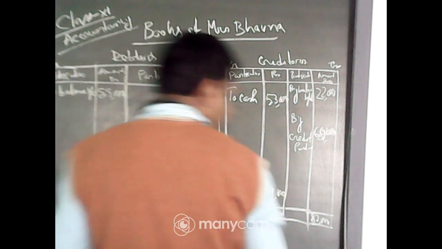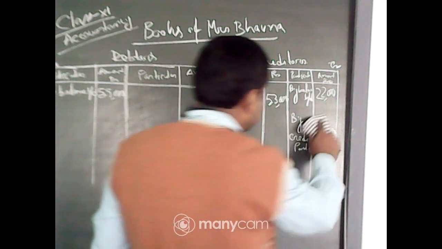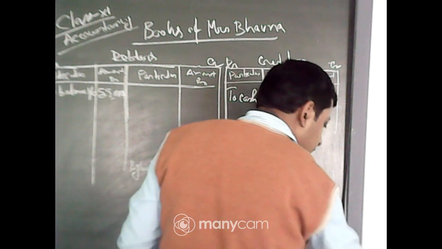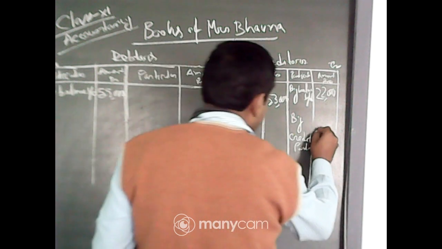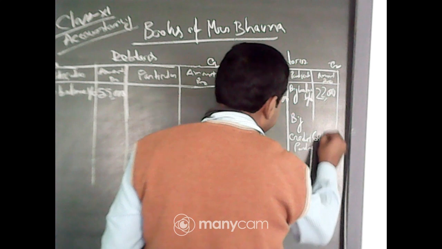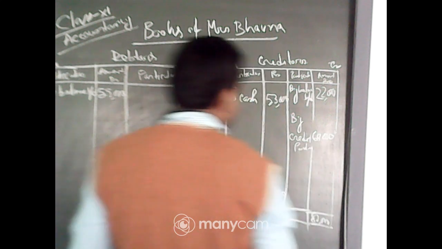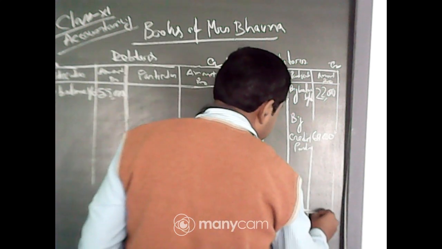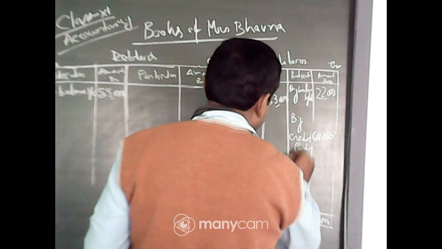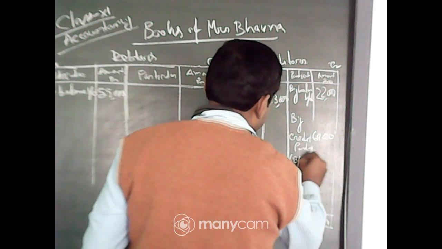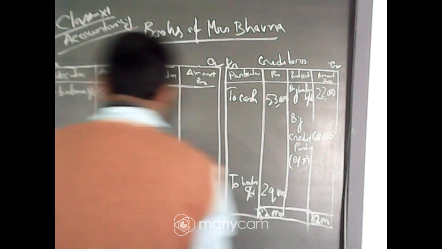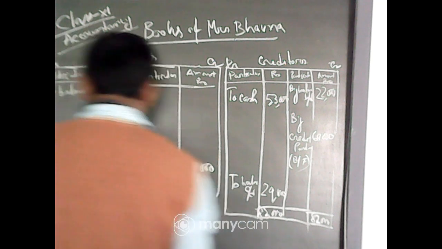So that is the balancing figure. That is purchase on credit.